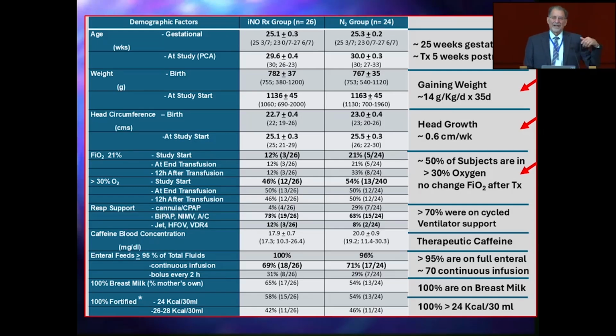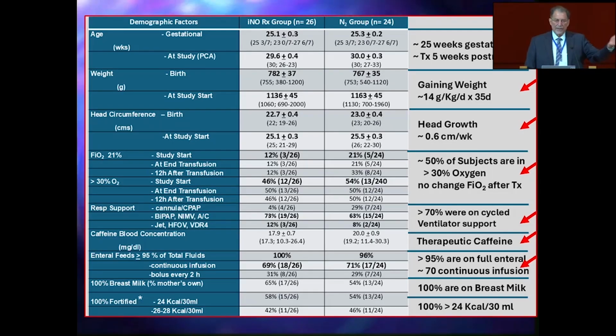Their head was growing normally. 50% of the subjects were in more than 30% oxygen. So although I say growing healthy prematures, as an intensivist, they look pretty good to me. They're not on ventilators, they're not on an oscillator. 70% were on cycled, by which I mean not NIMV. 100% were on therapeutic caffeine levels, and we tend to keep them above 20.